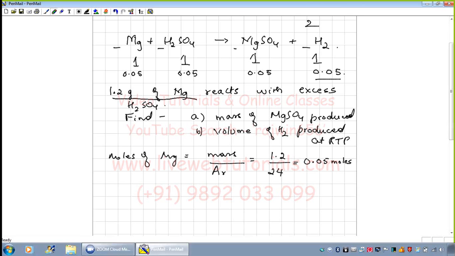Now what is asked? The mass of MgSO4 produced. Whenever mass is there, we are supposed to know its RMM. Now we have done just the RMM of MgSO4, which is 120.